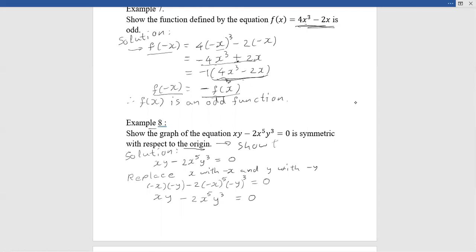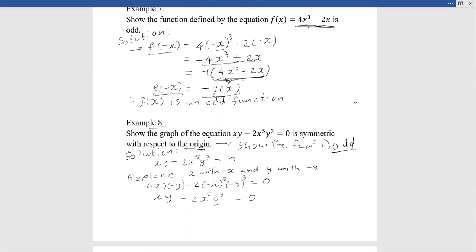Now, to show the function is odd, before, we substituted x equals negative x, but look here, the variables are inseparable. Means you cannot separate the x and y variables here, right?